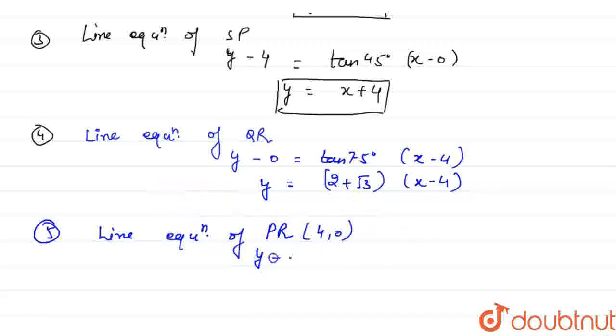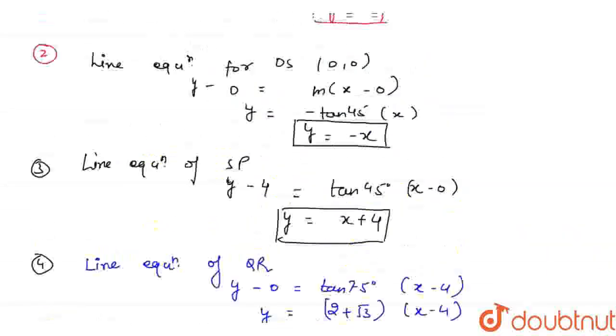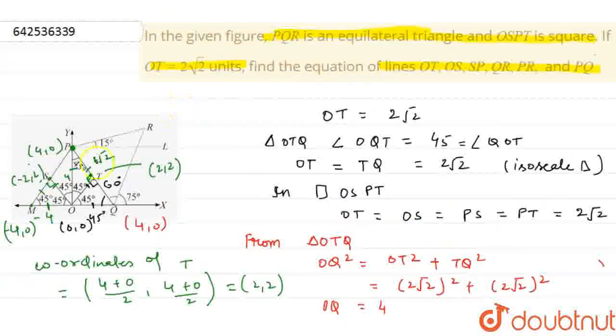So y minus 4 is equal to tan 15 degrees, x minus 0. Look at the figure, PR is passing from this point to this point with an angle of 15 degrees, and the coordinate of P is 0, 4.